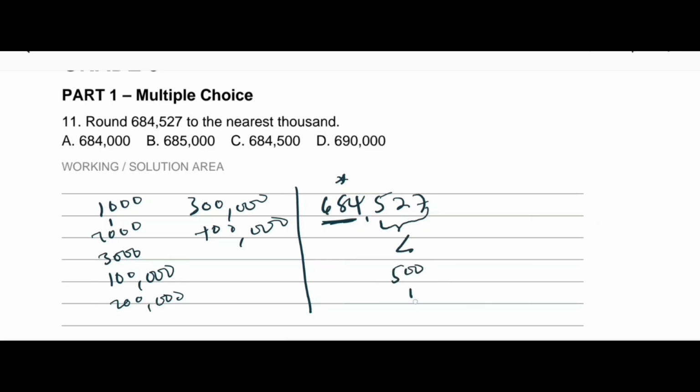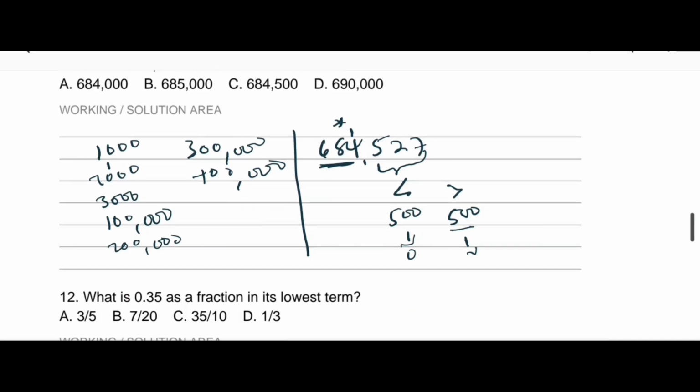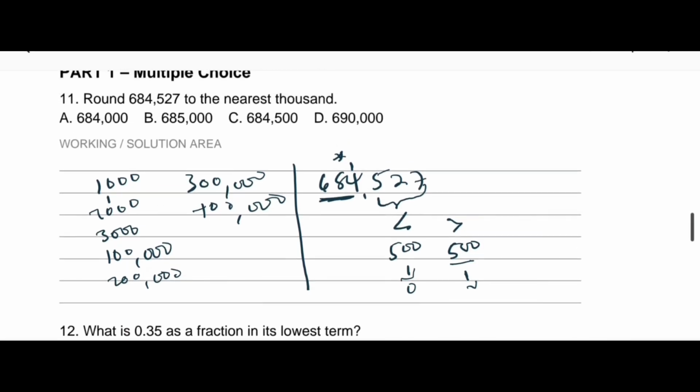If it is less than 500, you round it to 0. If it is more than 500, you round it to 1 and add it to the last digit of the main number. Do you understand?